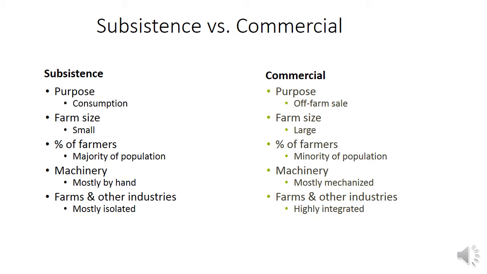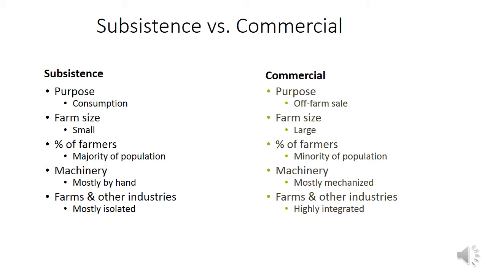The percent of farmers sort of employed in agriculture might help us distinguish between subsistence and commercial regions. In subsistence areas, you're going to find a much higher proportion of the population engaged in agriculture, maybe even a majority of the population, 60, 70, 80%. This is due to generally some of the other things we're going to look at here, a lack of machinery, right? And a lack of maybe even adequate size of other sectors of your economy.